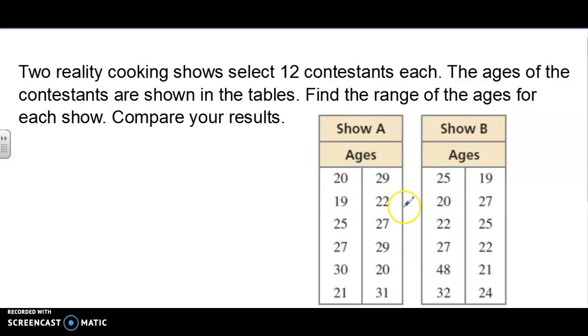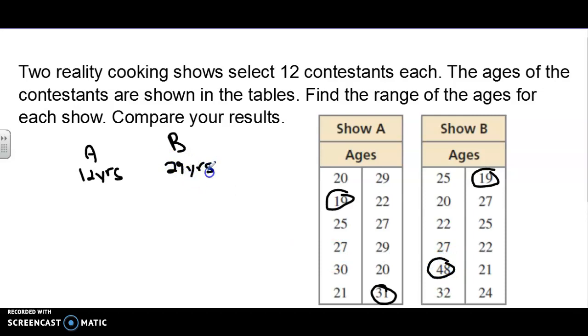So show A ranges from, looks like 19 is the least and 31 is the greatest. So show A has 12 years as its range. Show B looks like it ranges from 19, so 19 is the lowest for them as well, all the way to 48. So that range is 29 years.